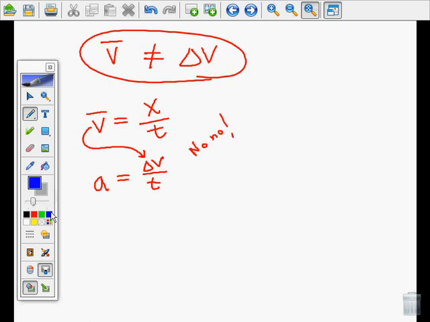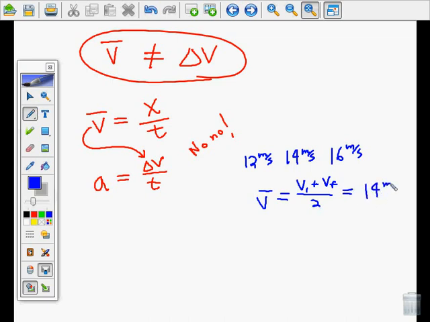If you looked at the numbers, like say an object had a velocity of 12 meters per second, and then they were going 16 meters per second. Well, the average velocity of those 2, you would take the initial plus the final and divide by 2, and you would get 14 meters per second.